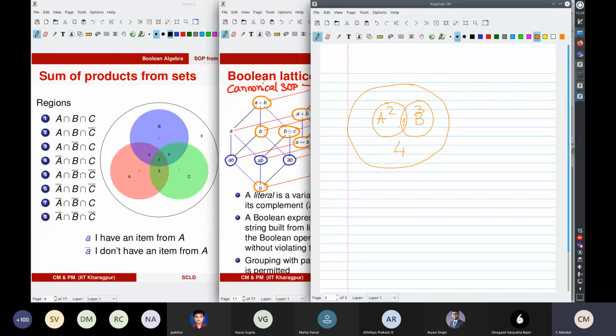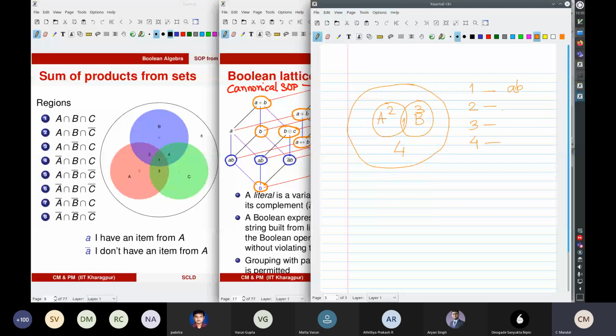So can you write down the min terms for these 4 regions? I think that is a more interesting exercise. So you can tell me what is the min term for 1? AB. Okay, good. So let us just write AB.